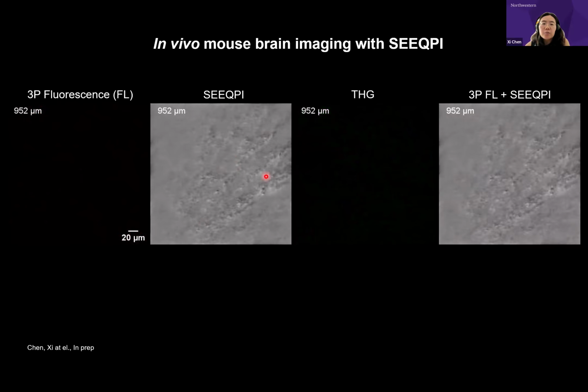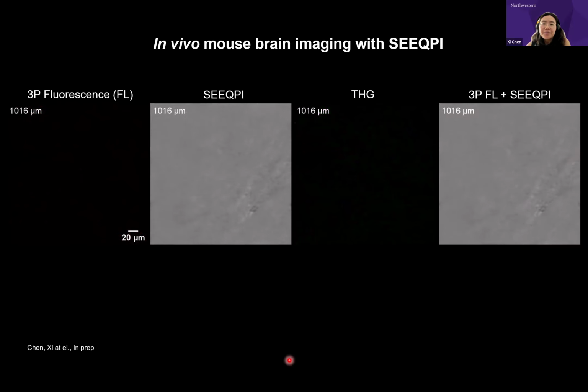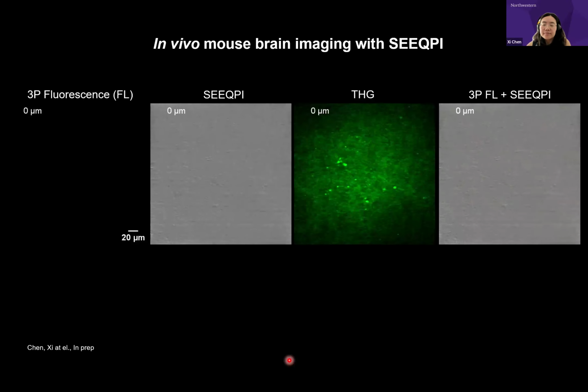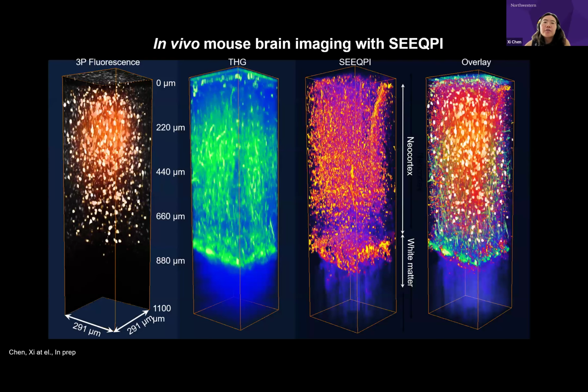So now we are looking at the white matter. This is just a 3D reconstruction, the rendering of the 2D images that you just saw.